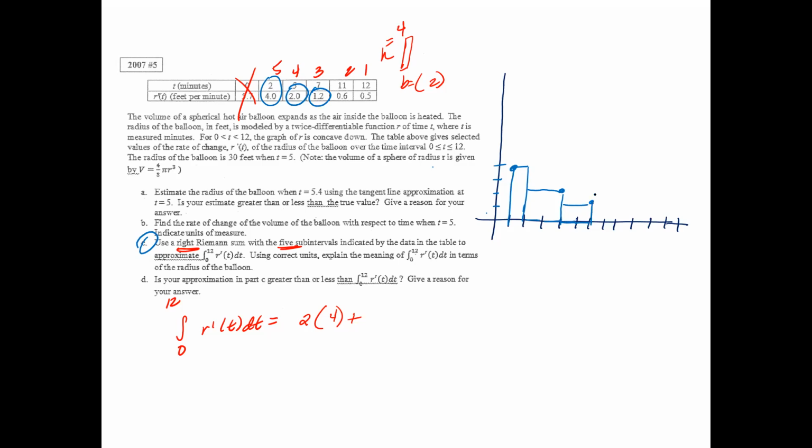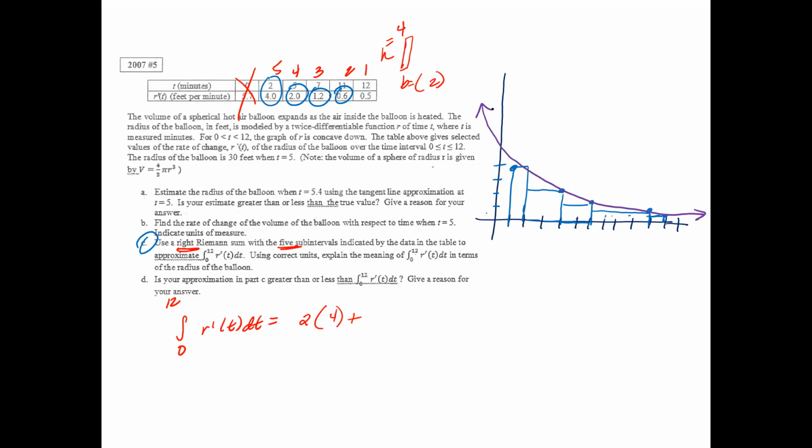And then lastly, when my interval is at 1, 2, 3, 4, my interval is going to be at 0.6. And my last interval is going to be at 0.5. And so if you connect the dots from here, this is kind of what your graph looks like.